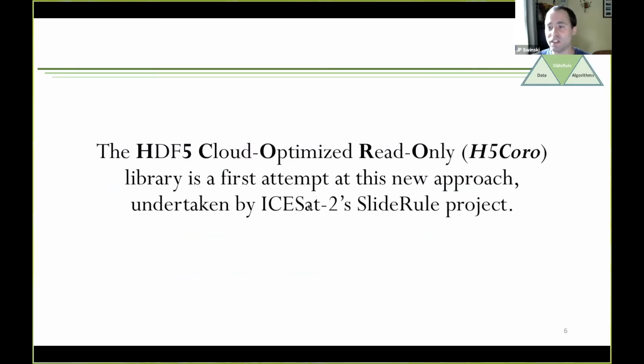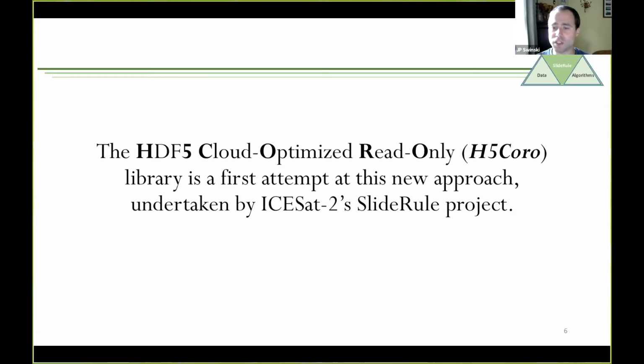And that's what we've done. And that's what I want to talk about today. So the HDF5 Cloud-Optimized Read-Only Library, H5Coro for short, is a first attempt at this new approach. And it was undertaken by ICESat-2's SlideRule project. So ICESat-2 is a program out of Goddard Space Flight Center.